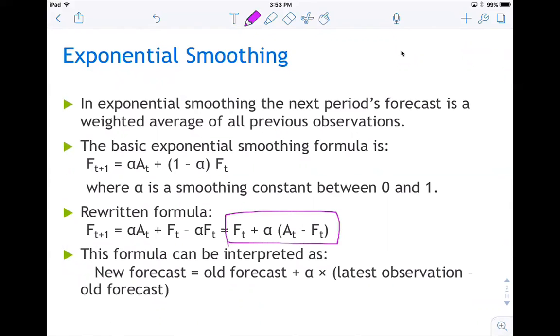After doing some rewriting, the future one-time-ahead forecast that we are trying to calculate is going to depend on the forecast that we made for the current time period, plus alpha, a constant value between 0 and 1, times the actual value that we observed for the time period t minus the forecast again that we made for the current time period.